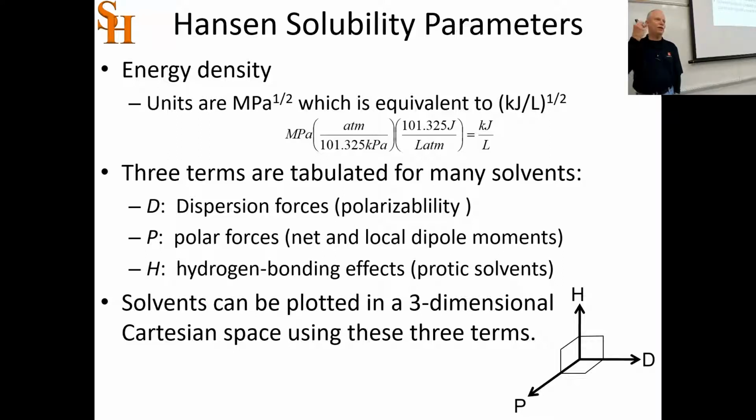So whatever number, if it's 5 megapascals to the 1/2, that's 5 kilojoules per liter. They're exactly equivalent. So whichever units you want to use, I'm fine with. But when you look these up in the tables, the units on those tables are megapascals to the 1/2 power. So don't let that bother you. I think mentally it's much easier to think of cohesive energy density, which is energy in volume.